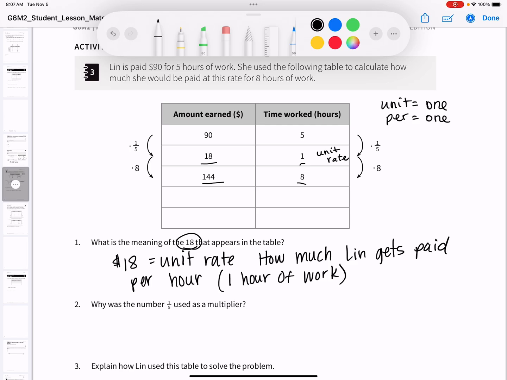1. Why was the number 1/5 used as a multiplier? Well, because we had to get from 5 to 1, so we could divide by 5 or multiply by 1/5.